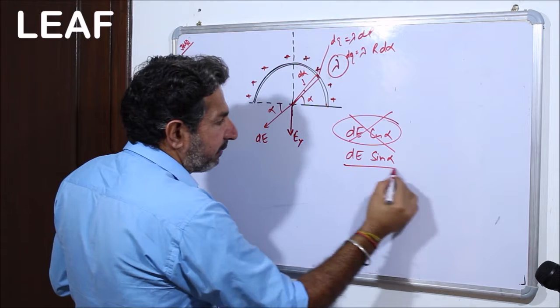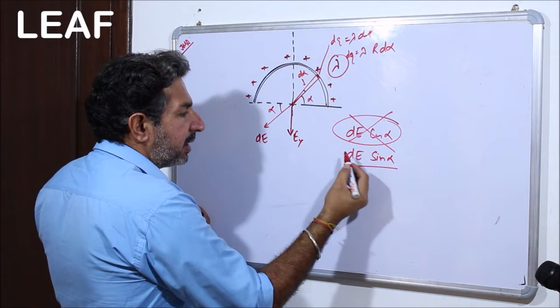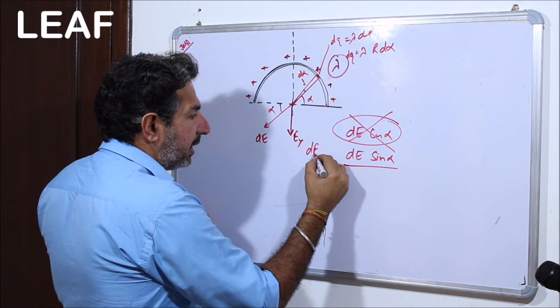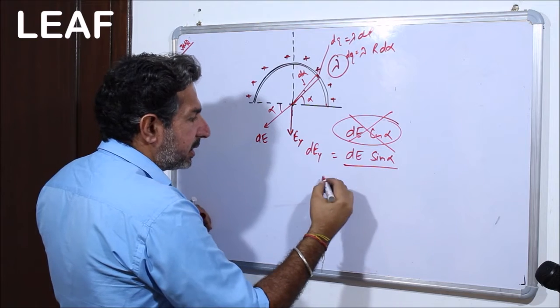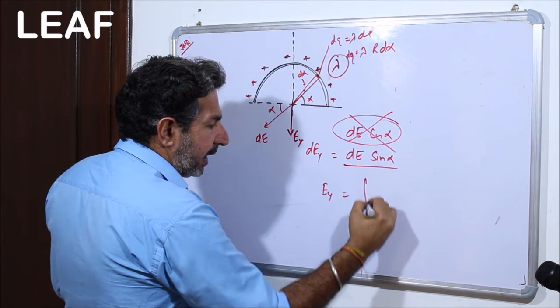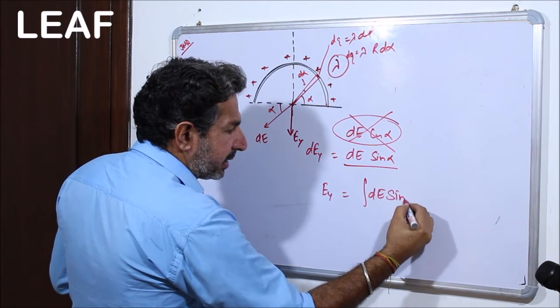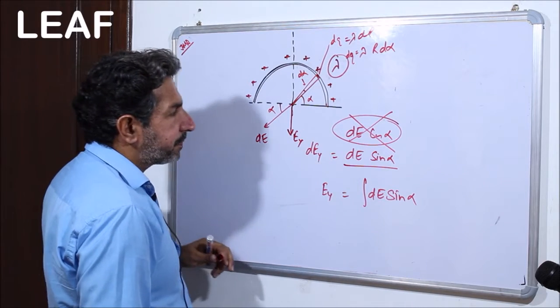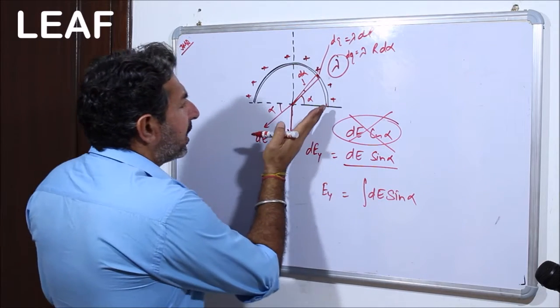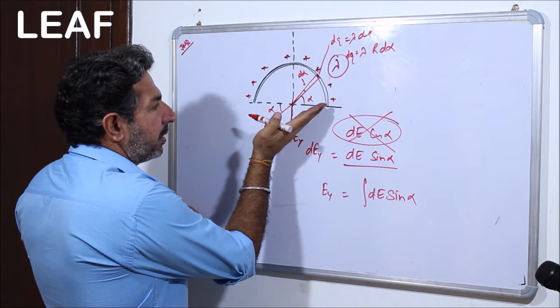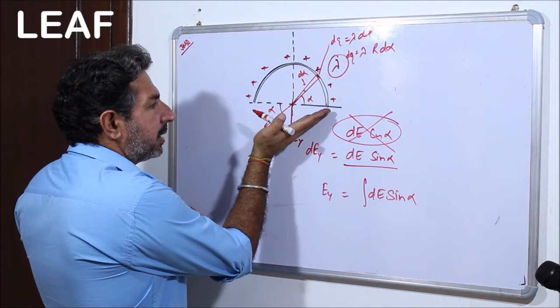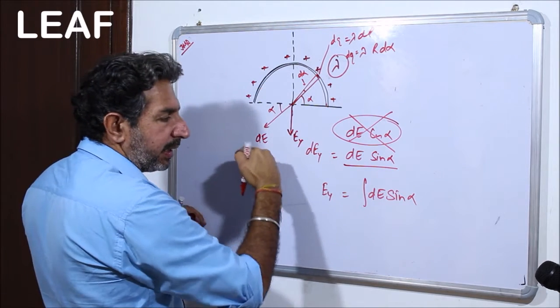So what we are left with is only dE sin alpha, that is dEy. So Ey is going to be the integral of dE sin alpha, and alpha ranges from 0 to 180, right?